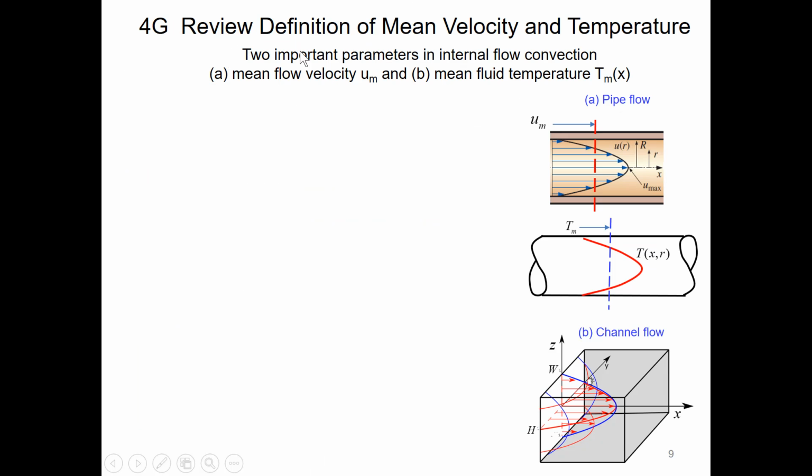Finally, let's review the definition for the mean velocity and mean flow temperature. This is the pipe flow with velocity distribution, pipe flow with the temperature profile, and this is the channel flow. This is the cross-section area with either velocity or temperature profile.